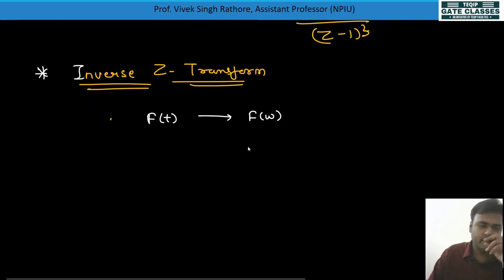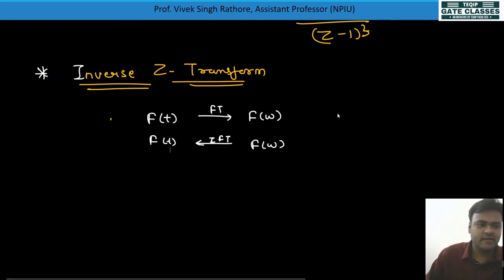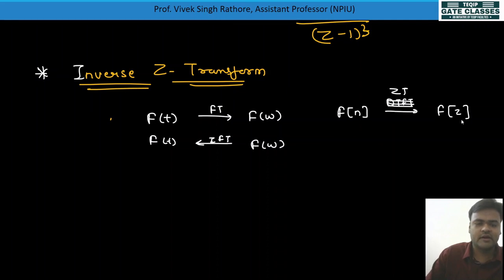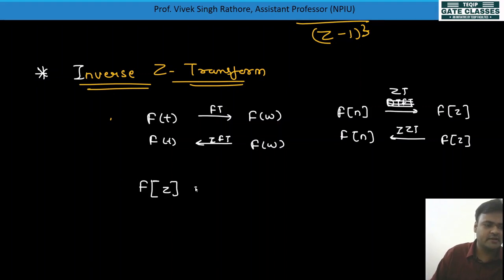And wherever we need to go from f of omega back, the inverse Fourier transform will give f of t. In the same way, we have f of n, and we are now taking the z transform, so we'll get f of z. Now from f of z, if we want to take the inverse z transform, we'll get f of n again.